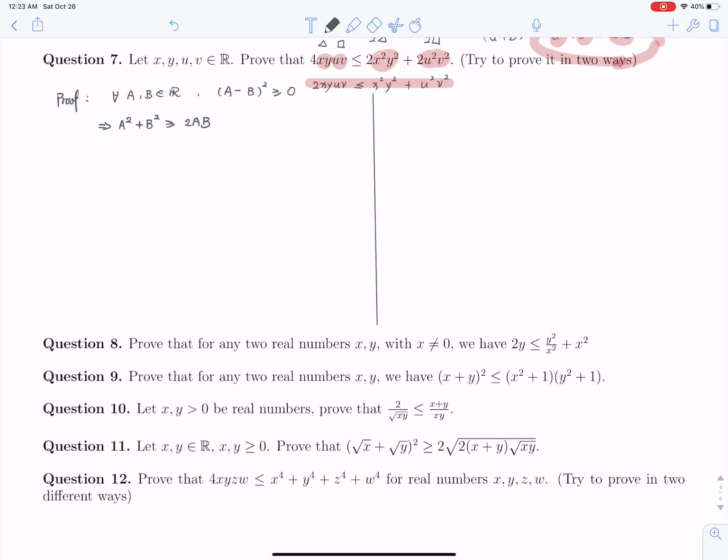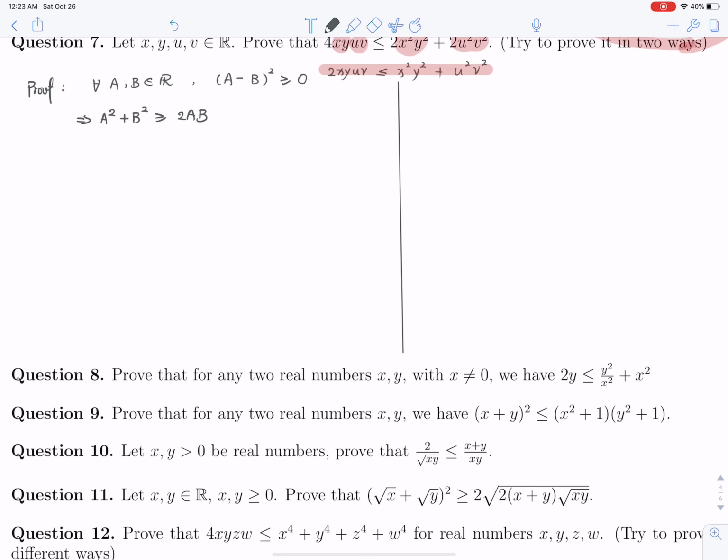Alright, now we can let a be xy, b equal to uv. Then we have x squared y squared plus u squared v squared is greater than or equal to 2xy uv.